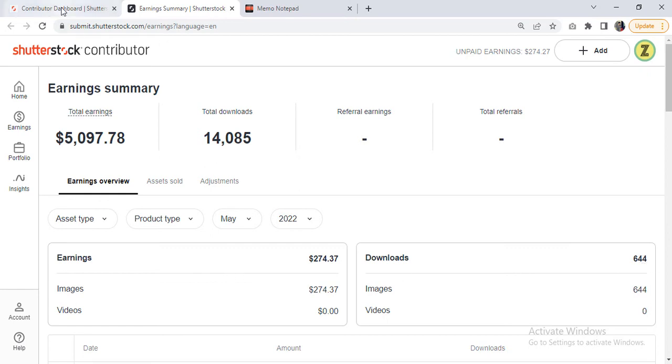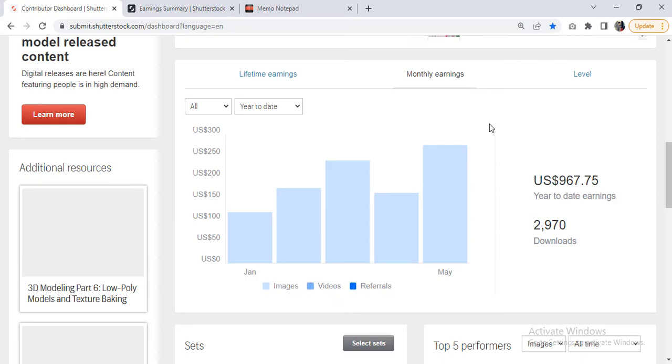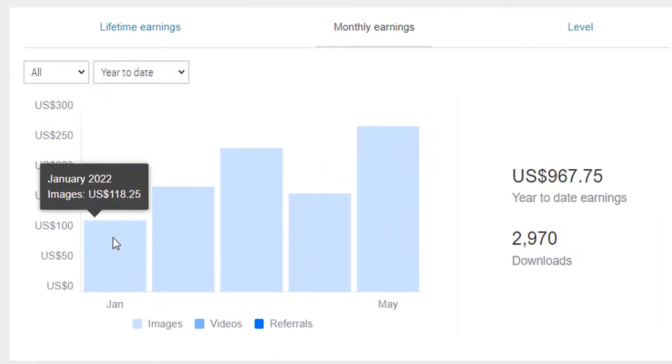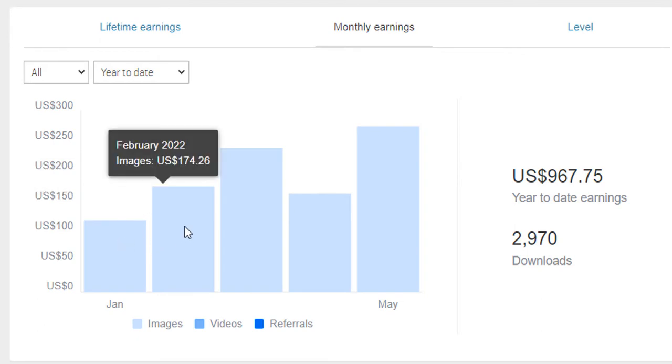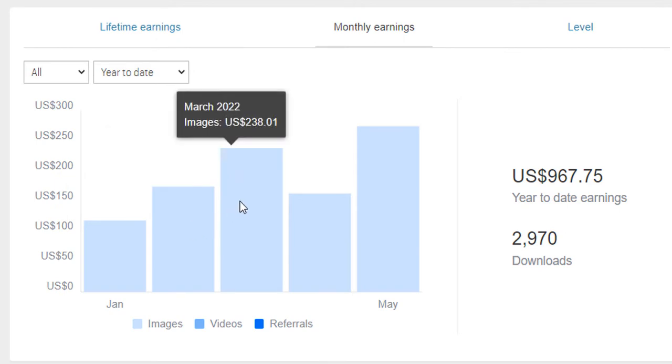Okay, so let me display it. Yeah, this is a better graph of this year, 2022. I will hover my cursor over each month so you get an idea. January was about 118, then the next month was even better, the third one was even better, and then there was a drop.